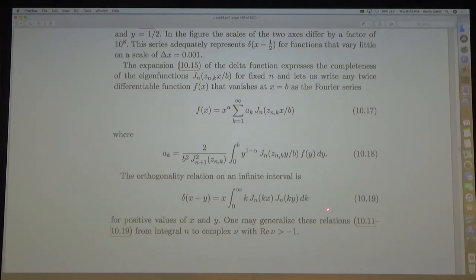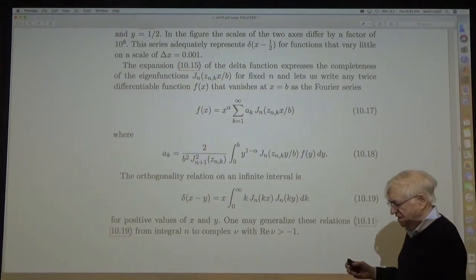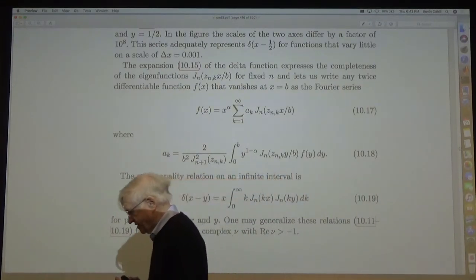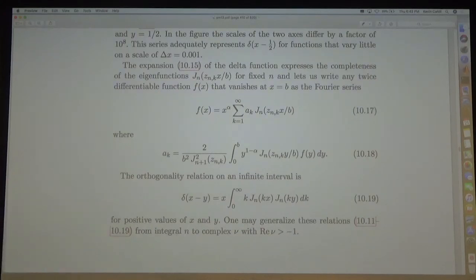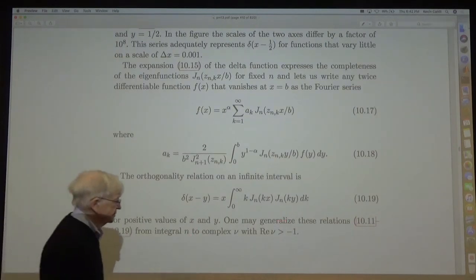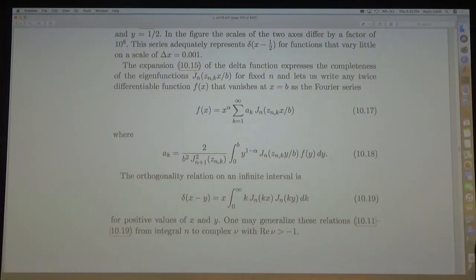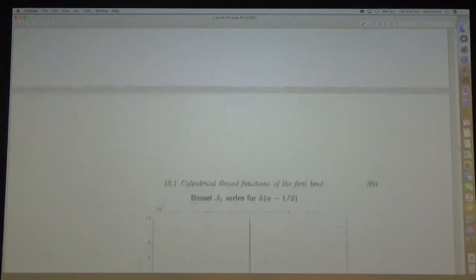Here, we're taking the eigenvalues to be continuous because we want to create a delta function that works on an interval that goes from 0 to infinity. So that's the analogous expression.